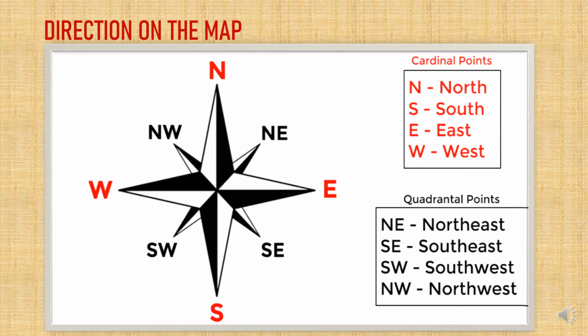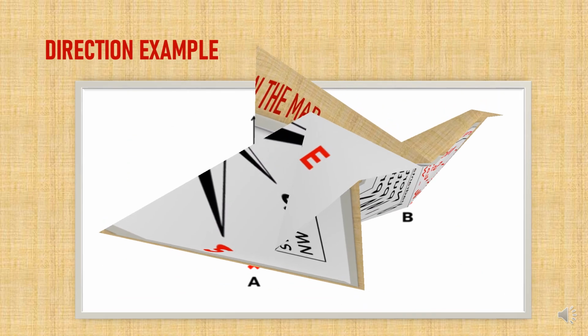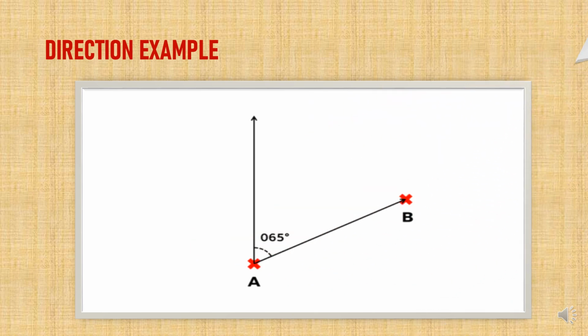They are midpoints of these 4 cardinal points. They also help us compute the specific direction of features. North is always on top, east is always on the right side of the map. Here is a very good example which we are going to use.